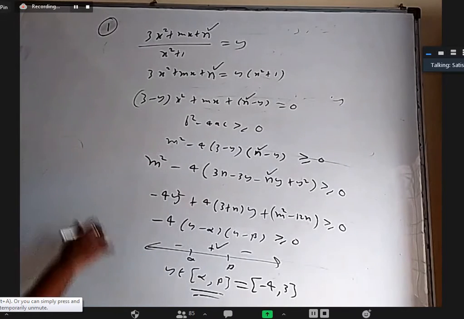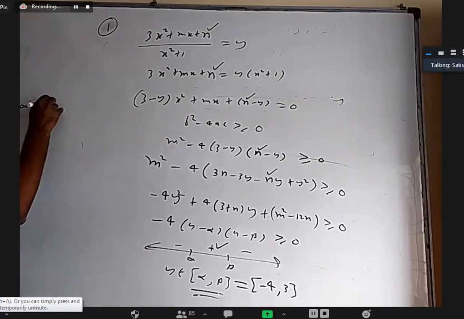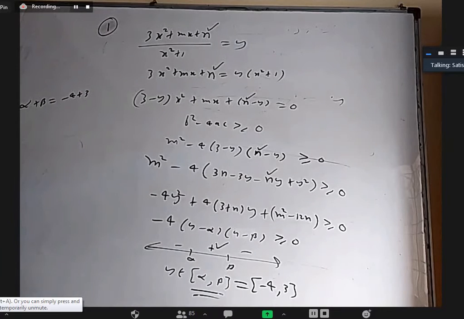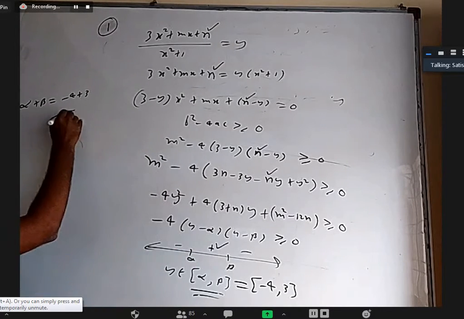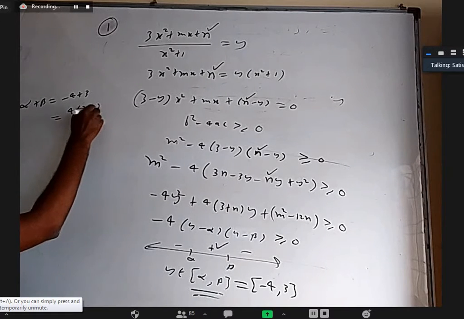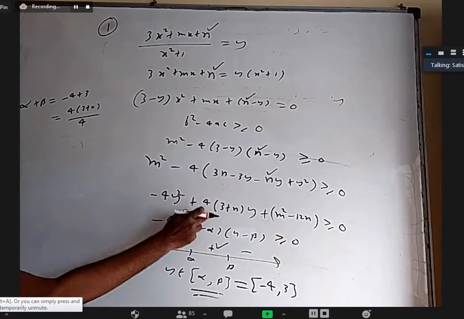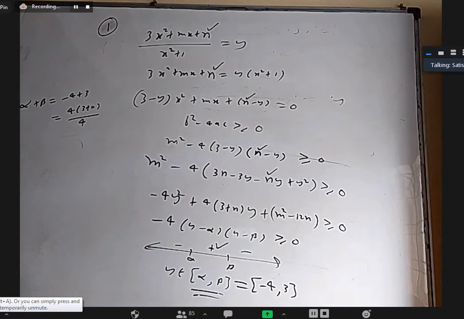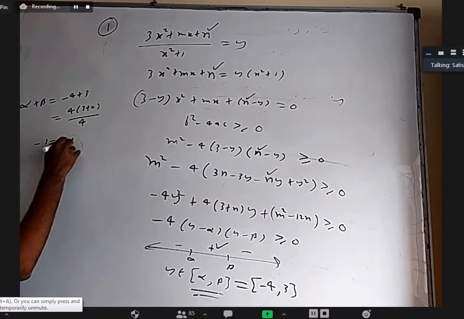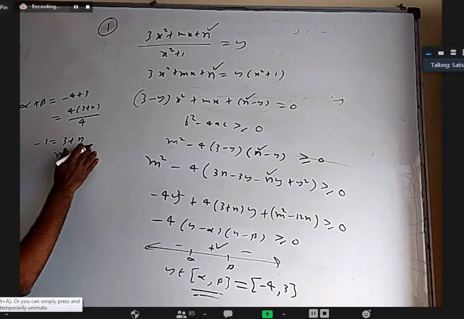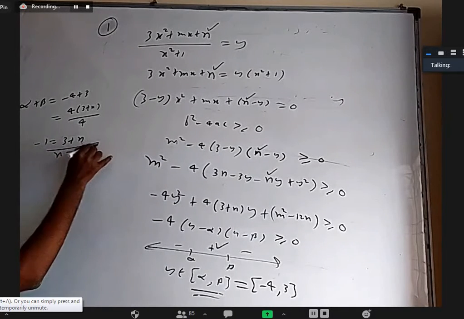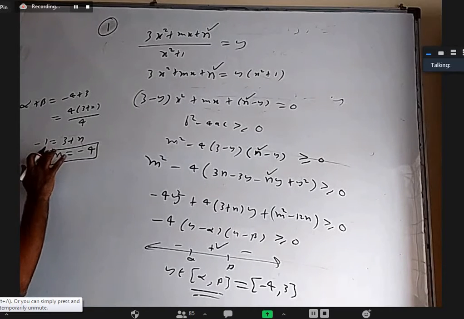So alpha plus beta should be same as -4 plus 3, which should be same as the sum of the roots of this equation, which is 4 into 3 plus n by 4, minus b by a. Okay, that is -1 equal to 3 plus n, which is n equal to -4. So n should be -4.